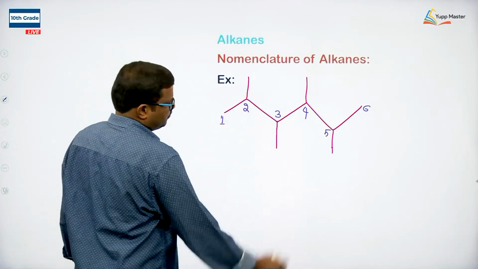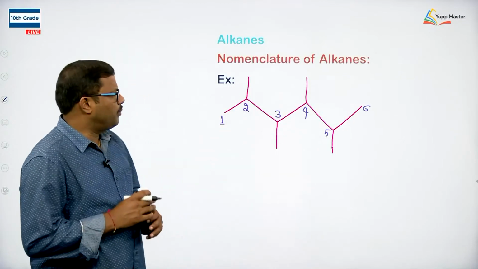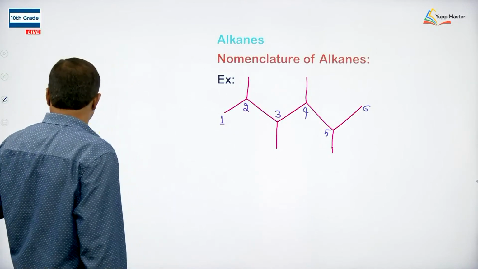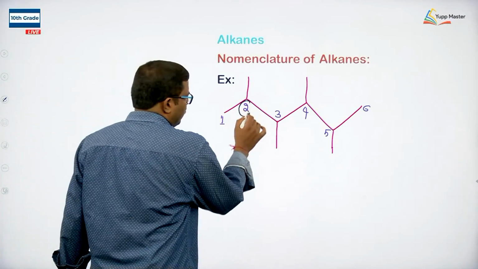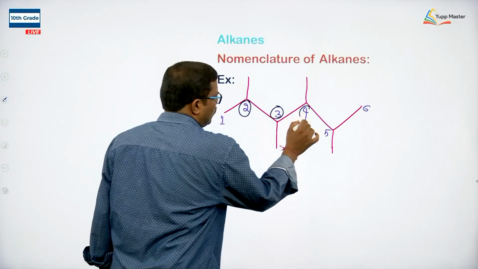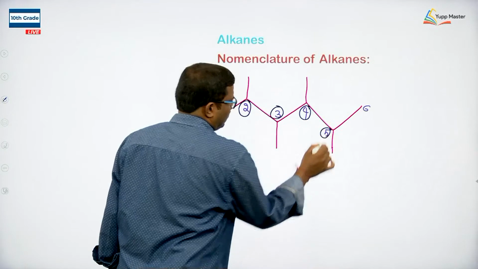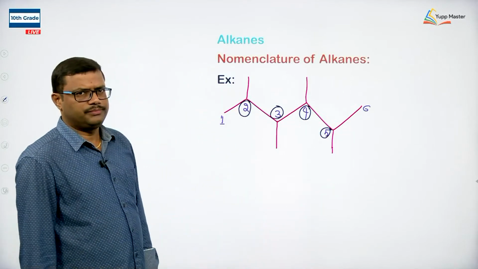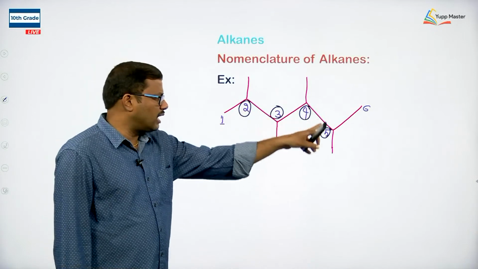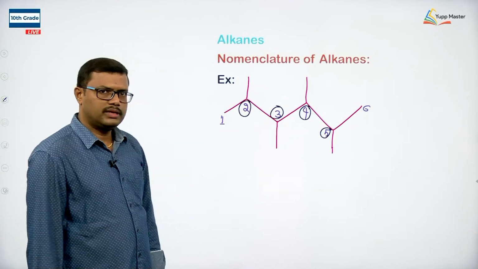If you observe the position of the substituents, on second carbon we have substitution, on third carbon we have substitution, fourth carbon as well as fifth carbon we have substitution. Substitution is present on second, third, fourth and fifth carbon, right.